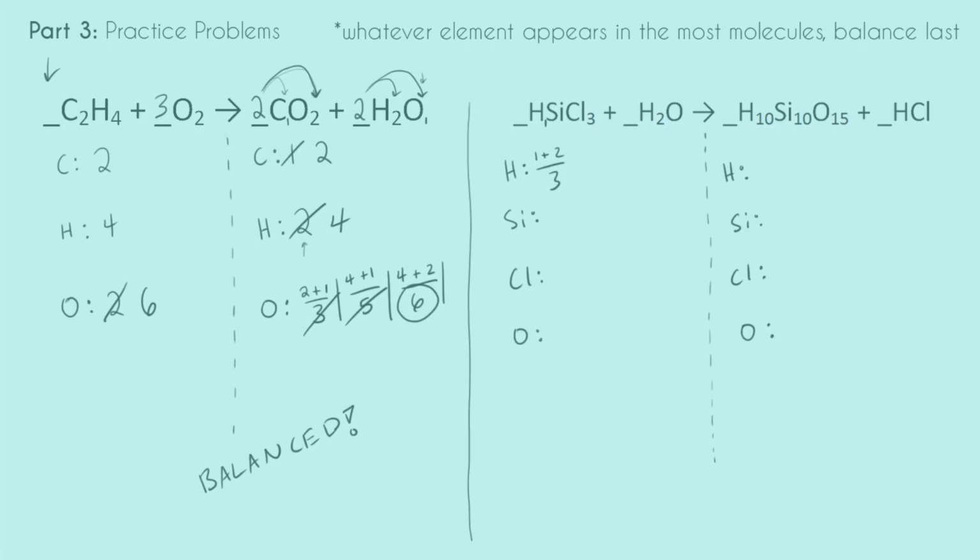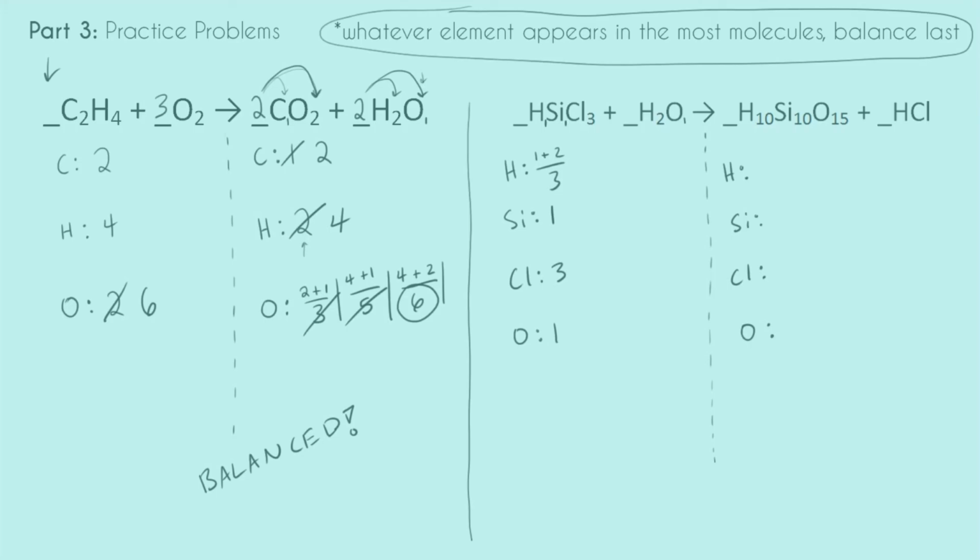For silicon, I just have the implied 1, for chlorine, 3, and for oxygen, just the implied 1. And again, following our rule up here, in this case, hydrogen actually appears in every single molecule, so we're definitely going to balance that last.